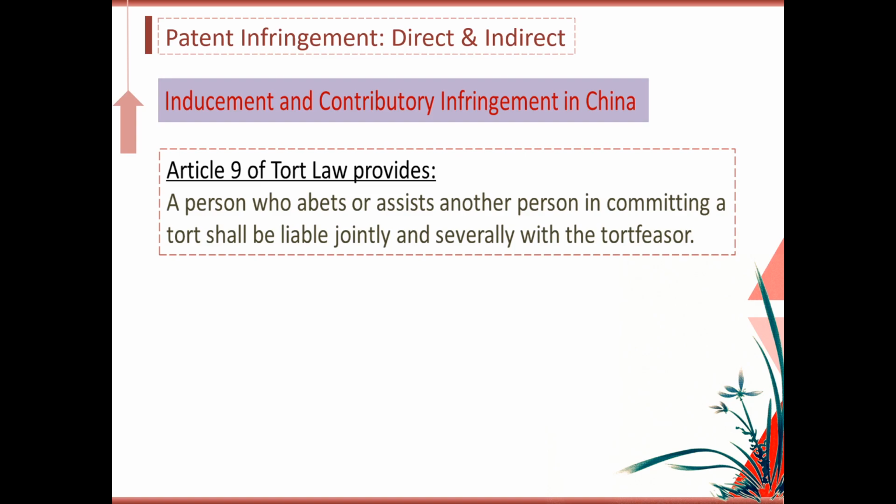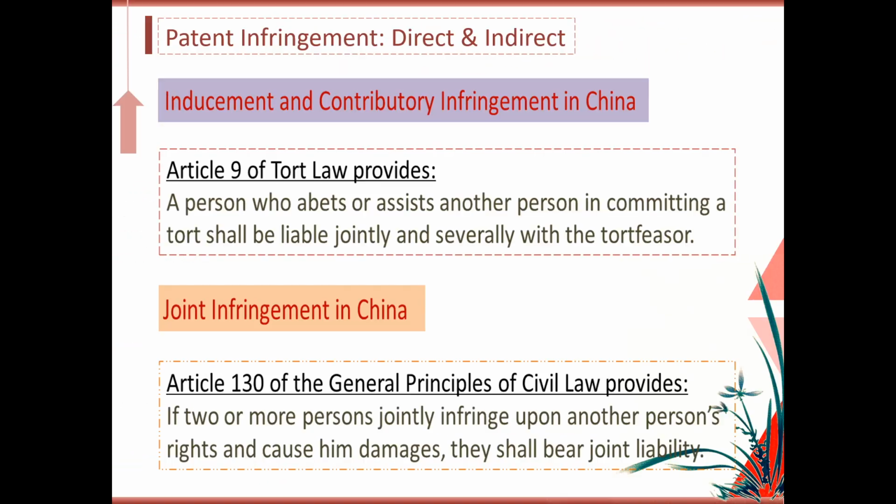Assisting the doing of torts by means of provisions of raw materials, key devices, or the venue to do the wrong things. The tort law of China provides for general principles governing the liability rules in China.